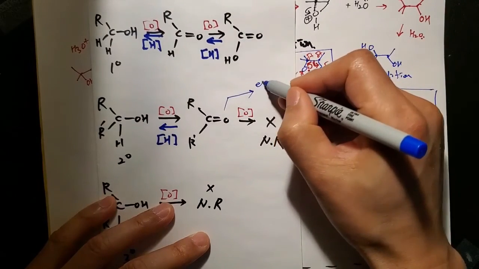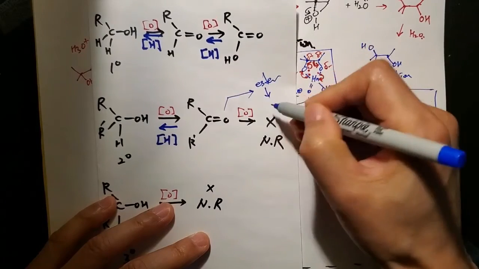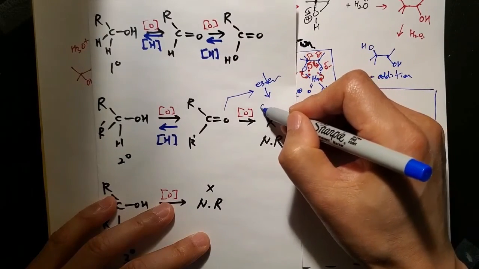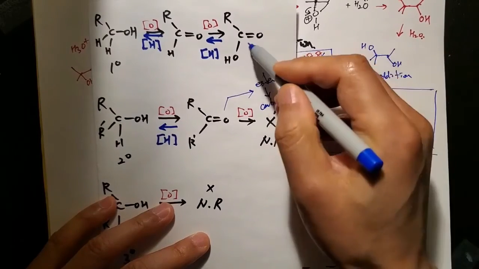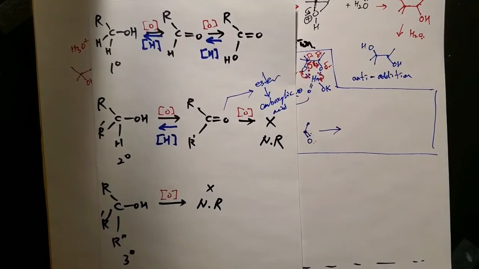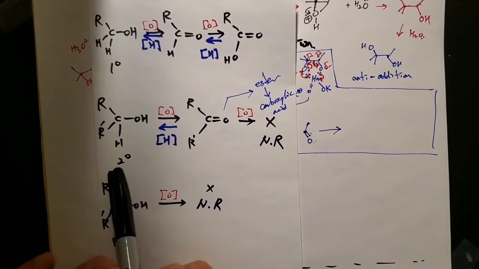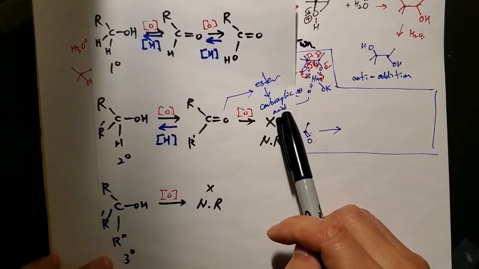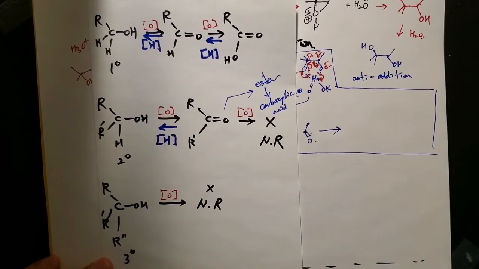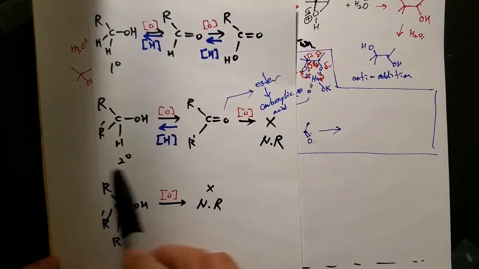You can get an ester, and from it you can eventually go to the carboxylic acid, just like this case. So in principle, we can oxidize the secondary alcohol all the way to the carboxylic acid, but that needs a special reagent. Tertiary alcohol, you cannot oxidize it, there's no hydrogen.